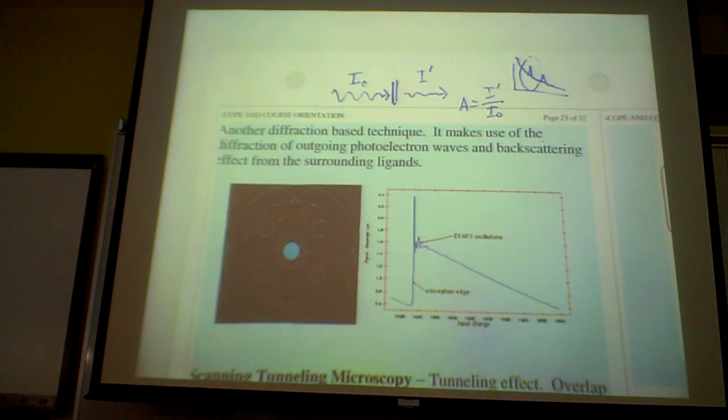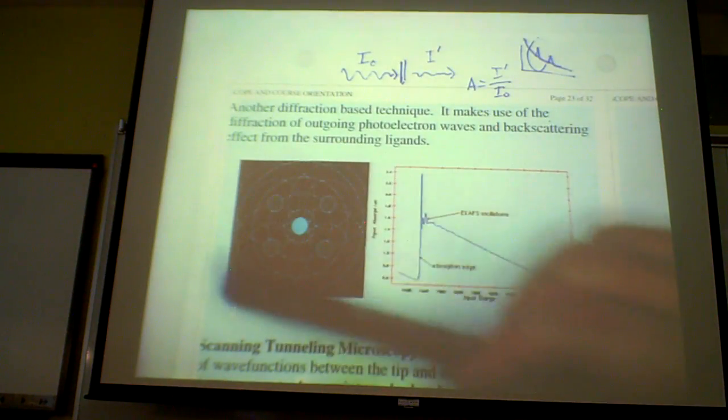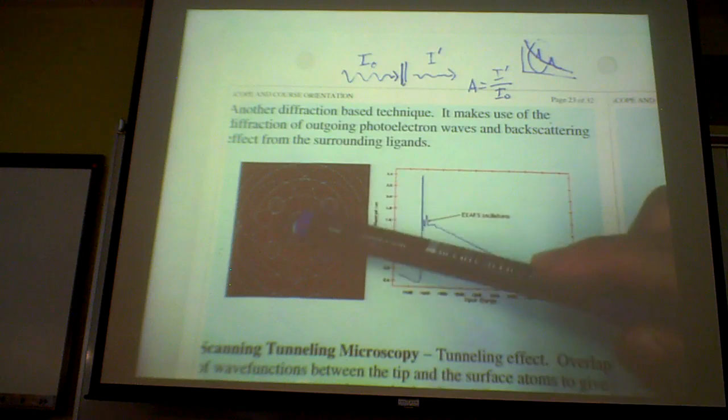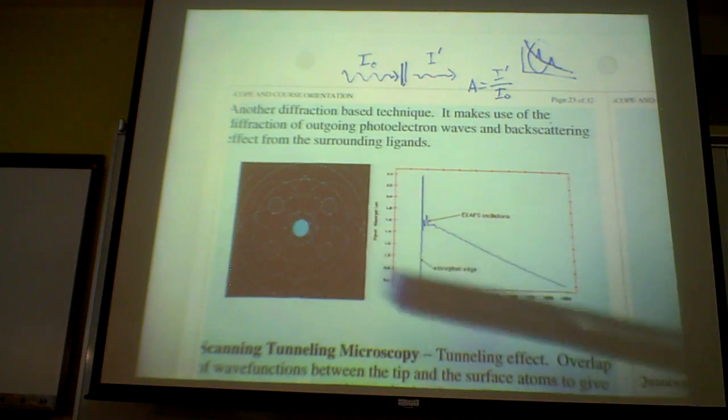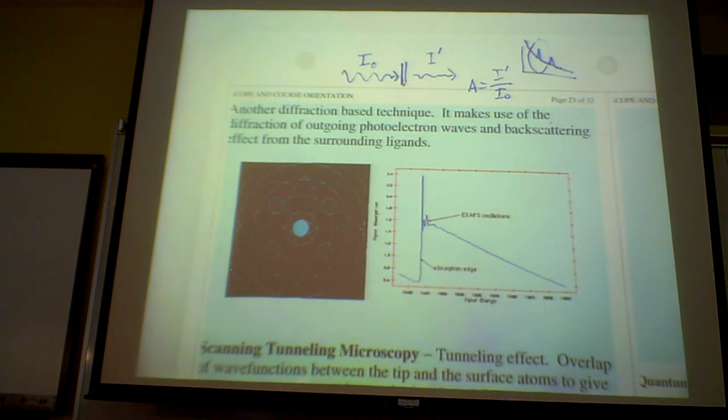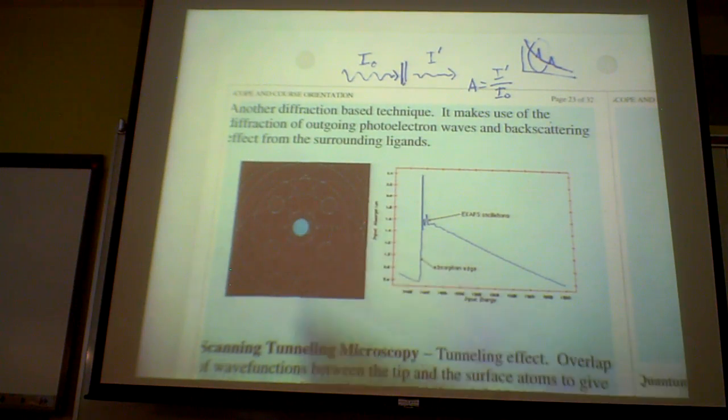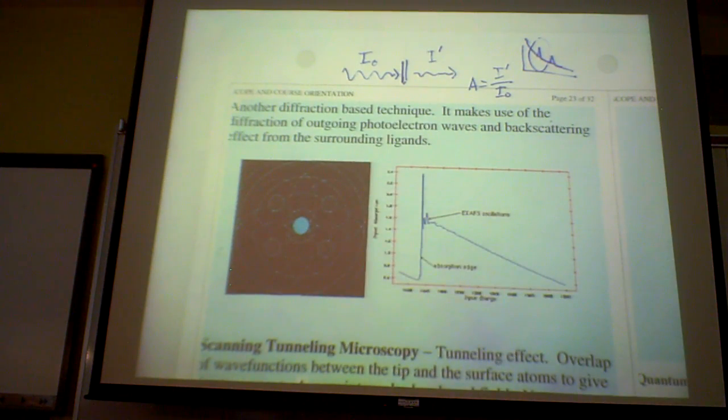Okay, so here you have a little diagram. I hope people can see this. So this is the atom that absorbed the photon, the blue one. And what happened is that the atom would emit, because if you have high enough photon energy, you would ionize the atom, you would emit some of these electrons, and the emitted electron would then come out in a spherical wave type format.